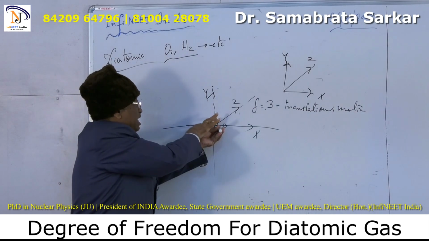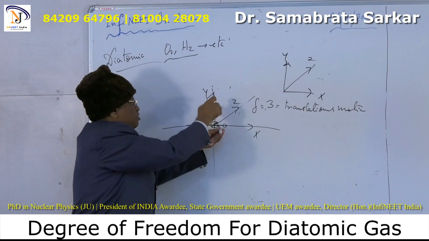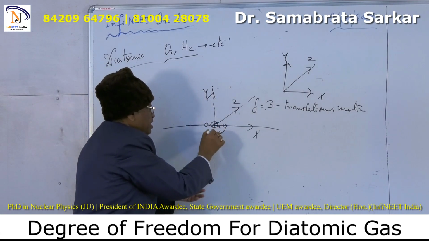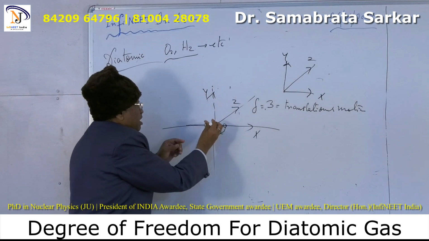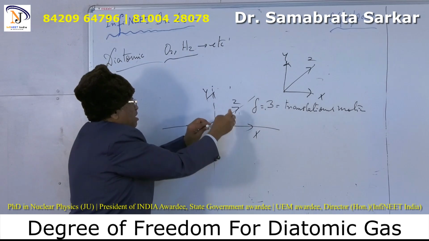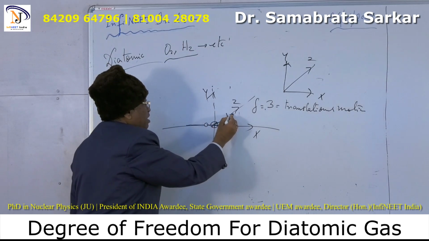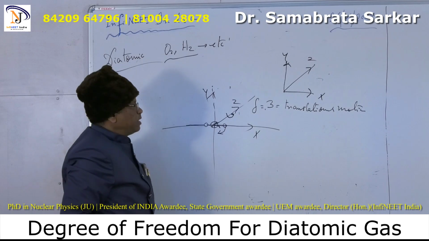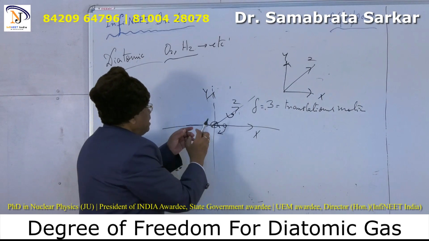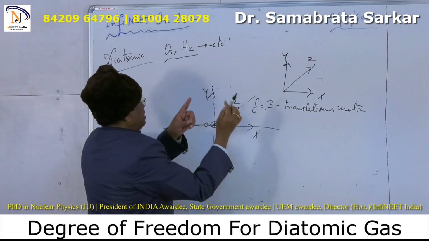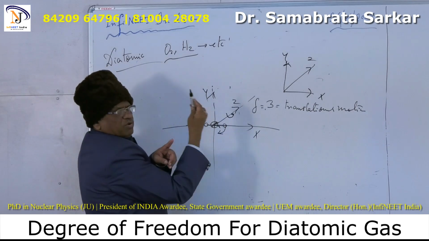In this way, here two particles. This is how it is moving, perpendicular to this, or in this way. And the other is along another axis. It can move in this way.